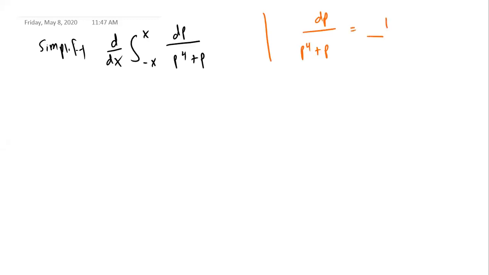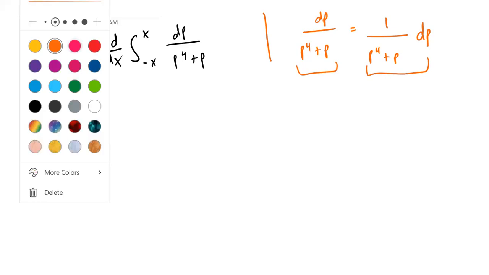This is the same as 1 over p to the fourth plus p dp. Sometimes they write the dp on top, just because it's simpler to write it like this, but it's the same thing. So whenever you see something like that, don't get confused.